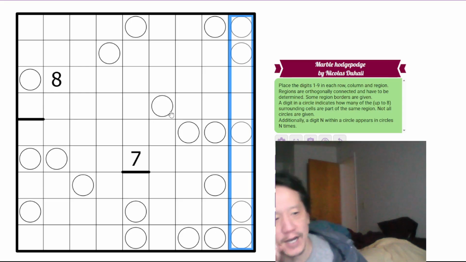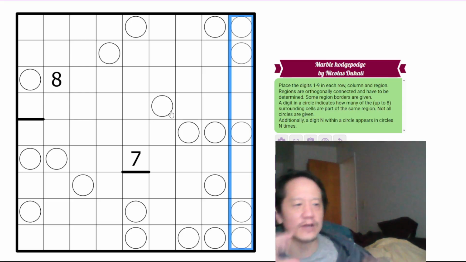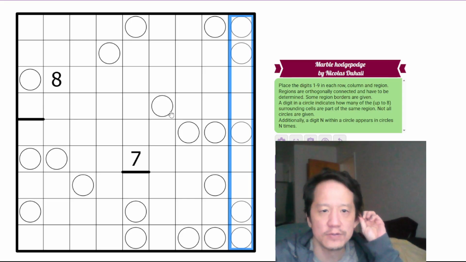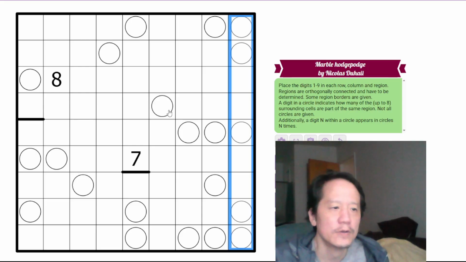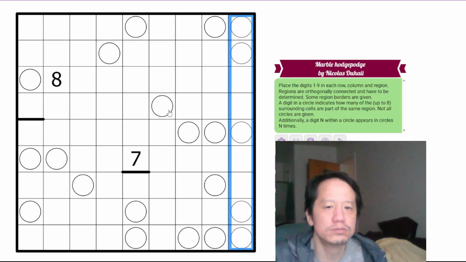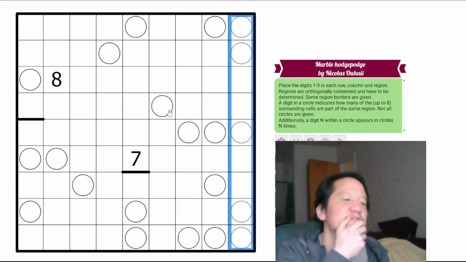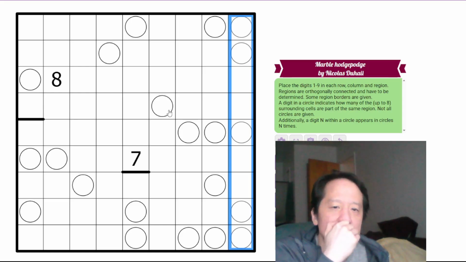You can never have a 9 in any of the circles, because the digit indicates how many of the up to 8 surrounding cells are part of the same region. You have to have at least 5 digits, so something like 1, 2, 3, 7, 8 is possible.